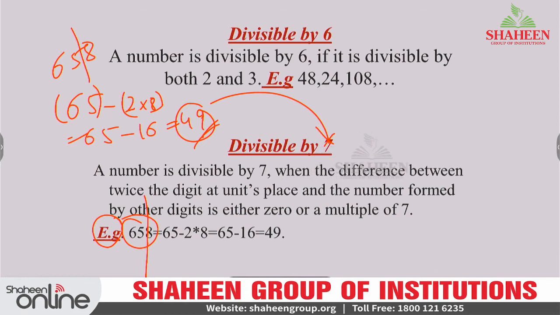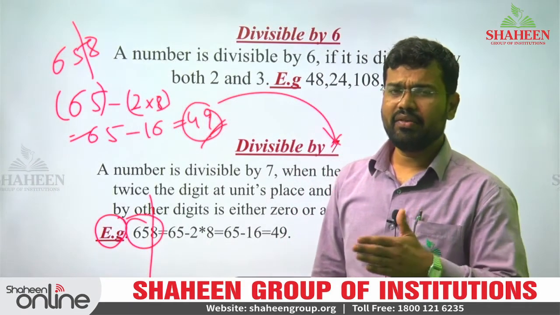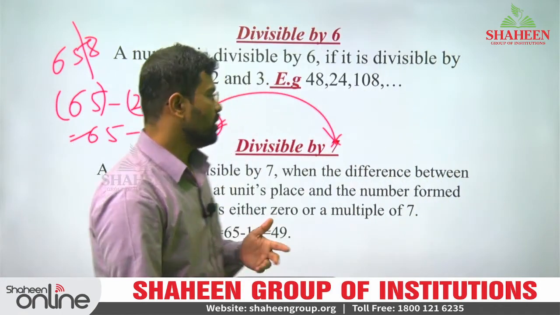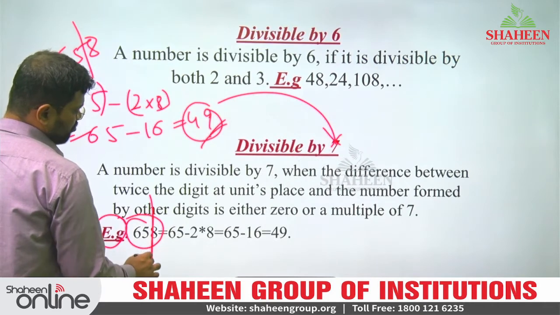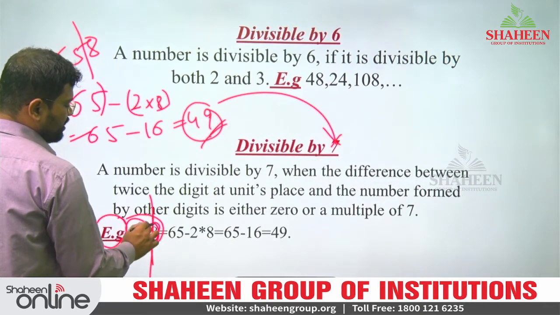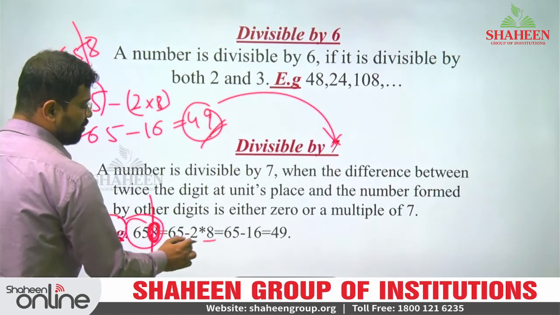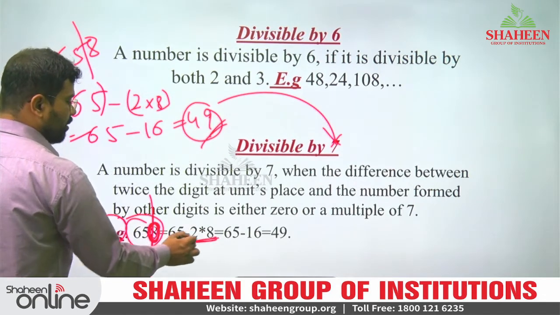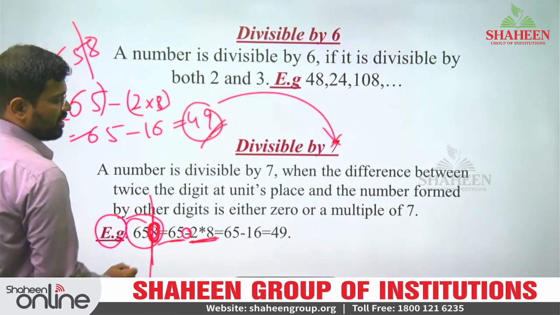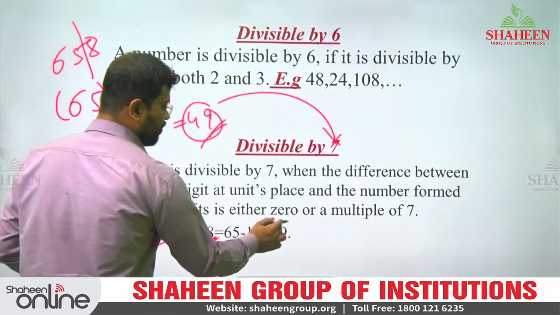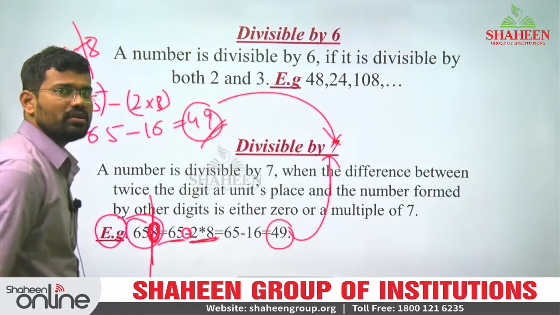So this is a little tricky. For the given number, the last digit, the units place, should be doubled and subtracted from the remaining number formed by the other digits, and the answer you get is divisible by 7.